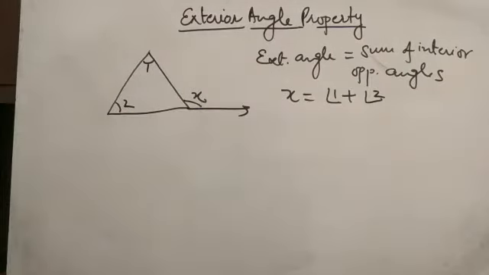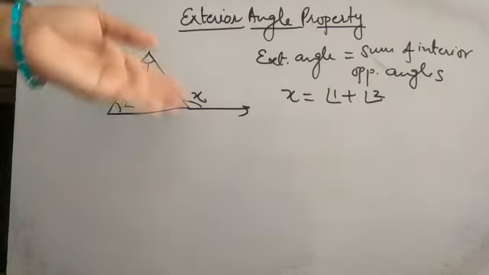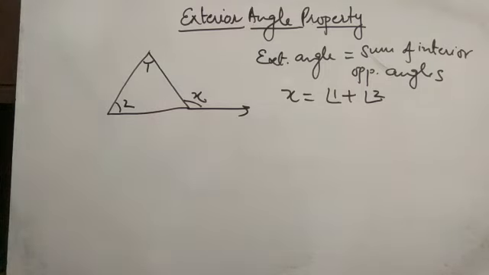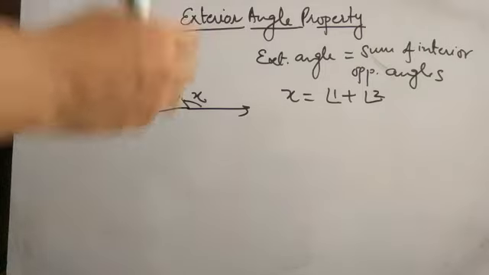Now I will tell you how we prove it. There are several methods we can prove it with. One is using the concept of parallel lines, one is using the concept of angle sum property. Here we will be using the concept of linear pair and the angle sum property.